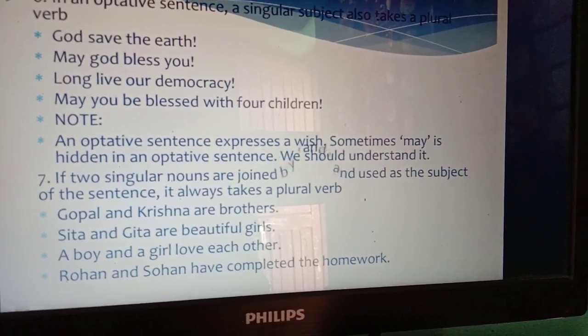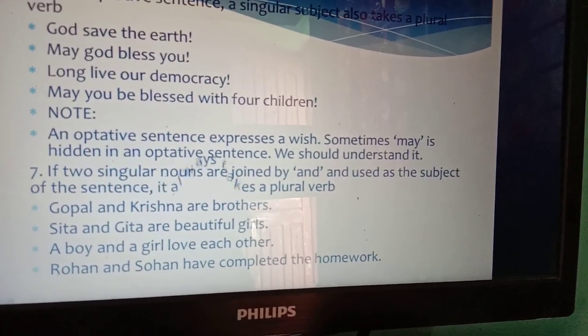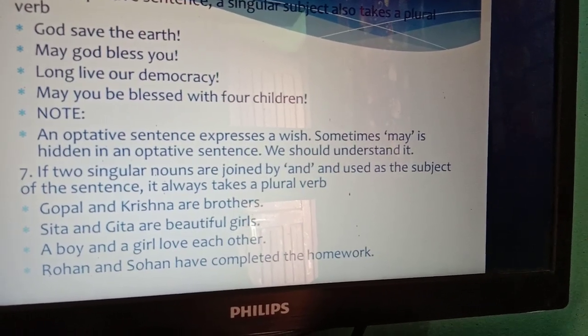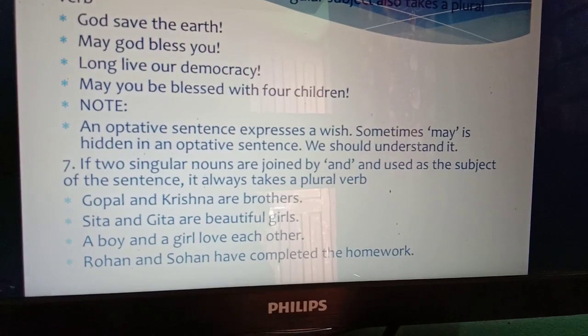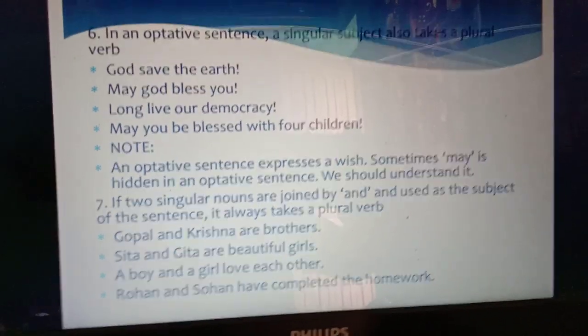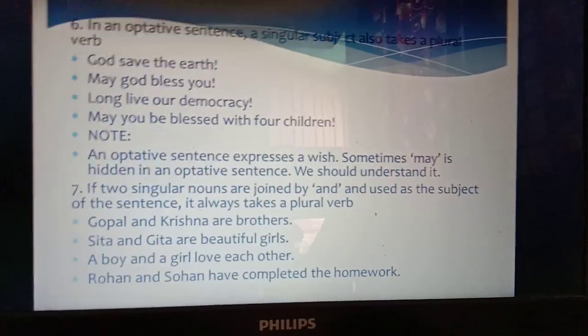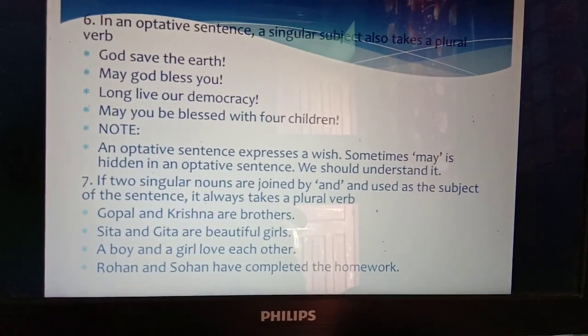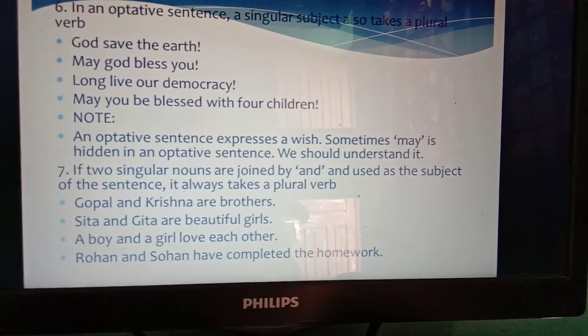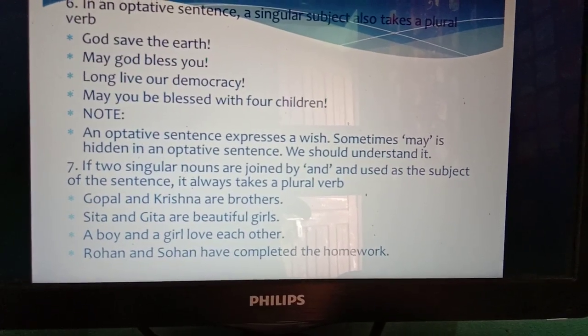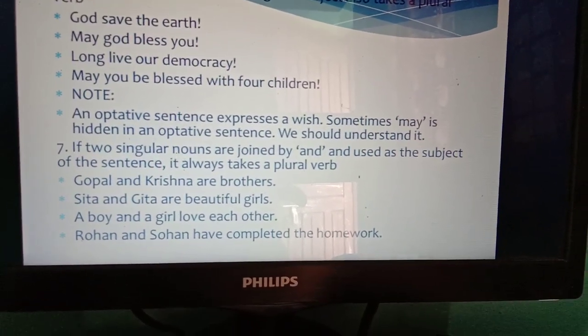If two singular subjects, two singular nouns joined by and, are used as the subject of the sentence, it always takes a plural verb. Once again, if two singular nouns are joined by and and used as the subject of the sentence, it always takes a plural verb.